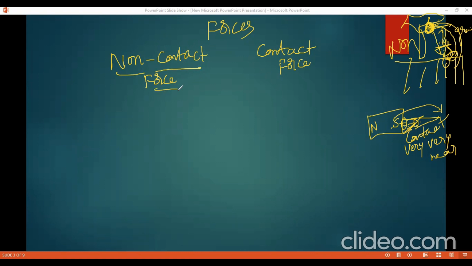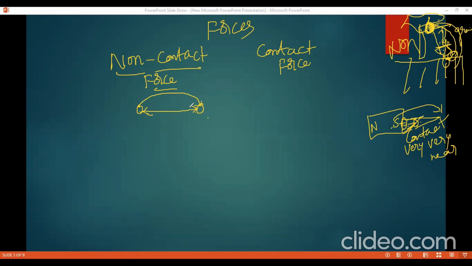Say I am taking two bodies separated by some short distance. Even though they are separated by a short distance, there is no contact between them, but this is going to attract this, right?